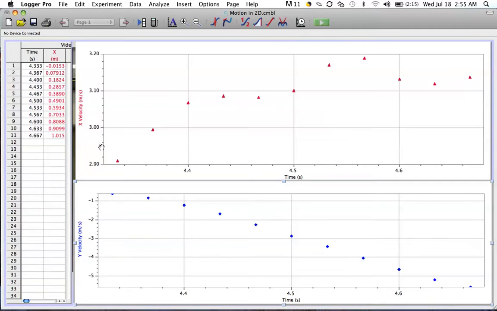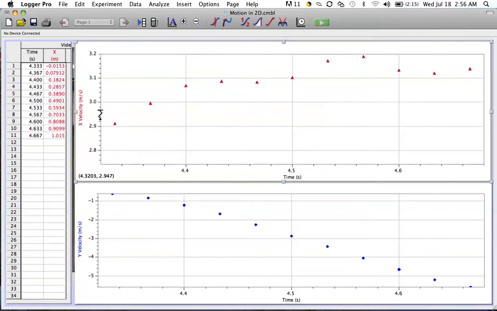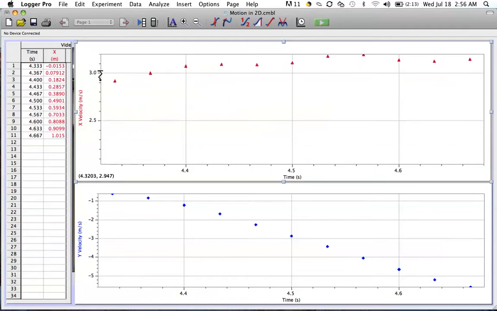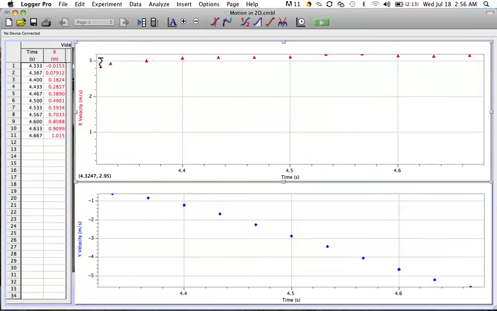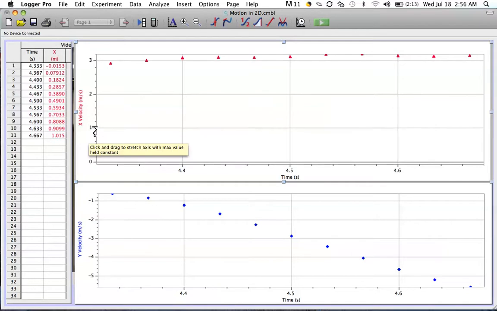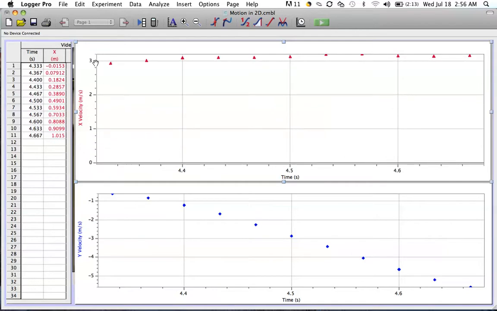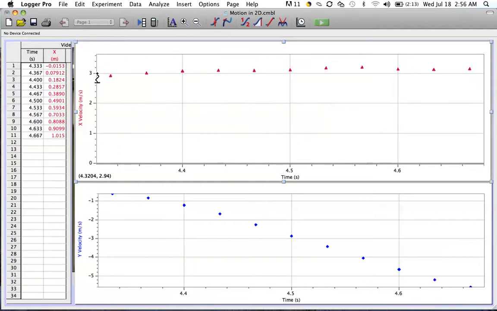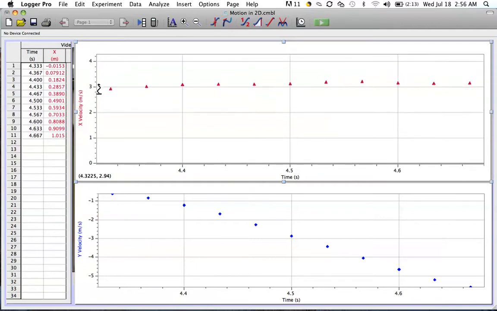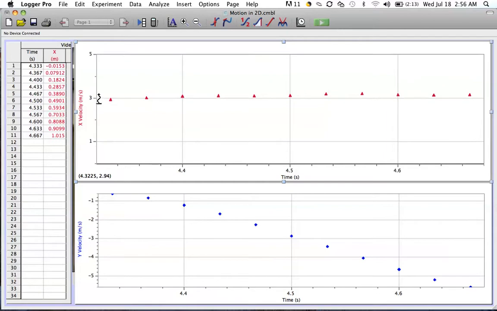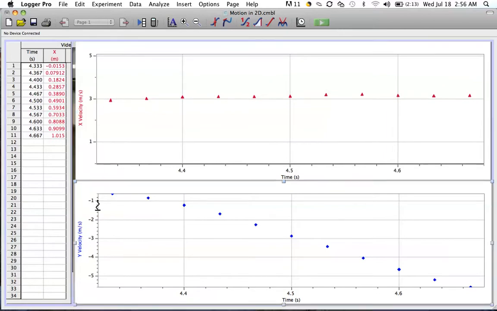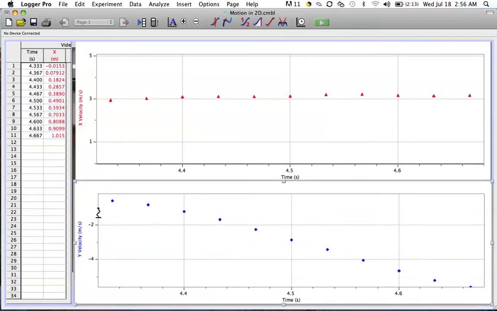I want to do the same up here to scale this from 0 to 5, so that we get a very good comparison of what's actually happening in comparison to how the velocities are actually changing with each other.